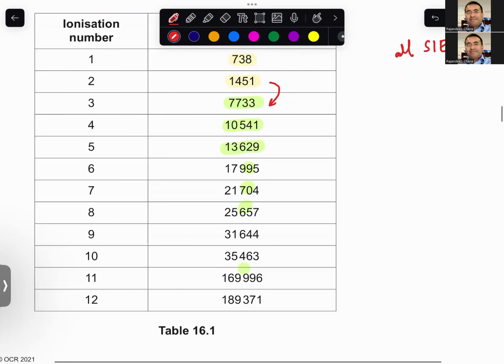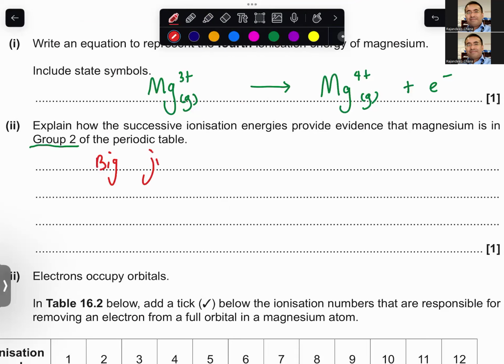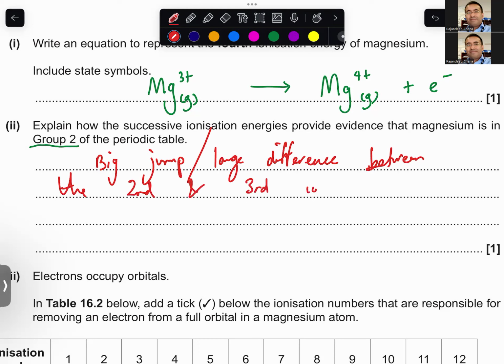Just one marker here: that there is a big jump, or we could say large difference, between the second and third ionizations. One mark.